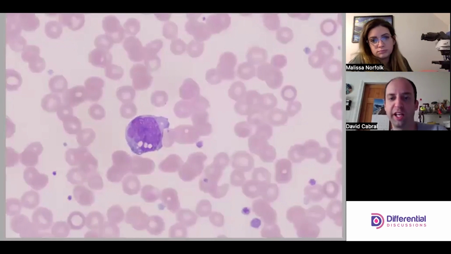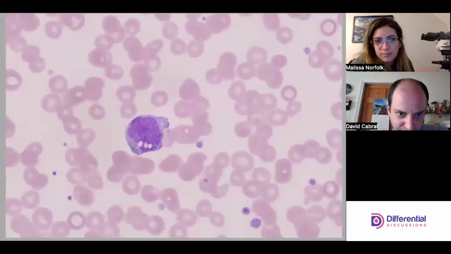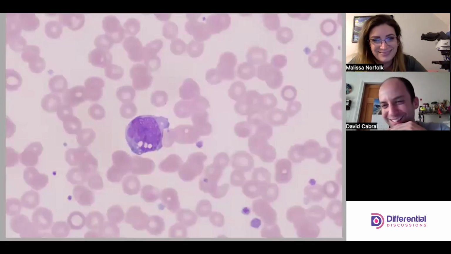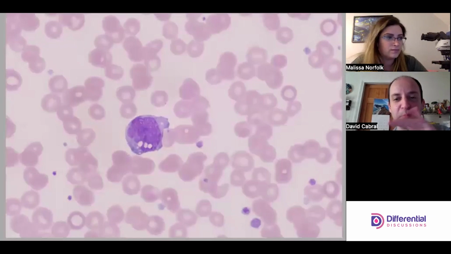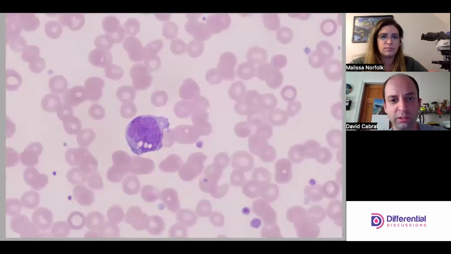So I'm looking for nucleoli, right? I think that's where your eyes are going too. Yep. Yeah. So there might be a nucleoli or 2 or 3. But I do like that this nucleus is folding and not as stretchy.